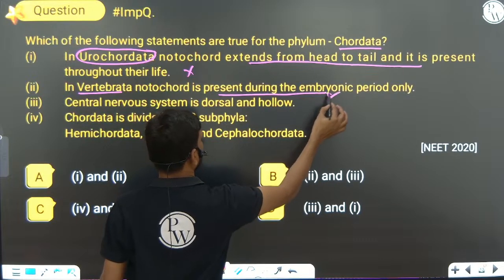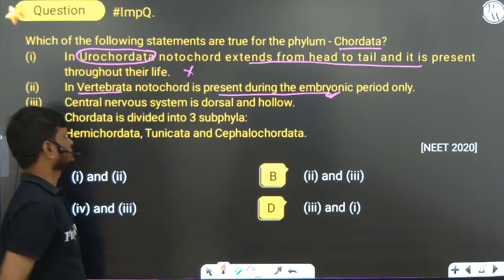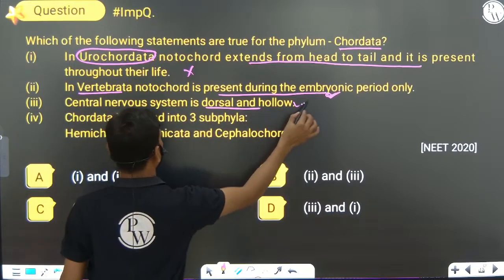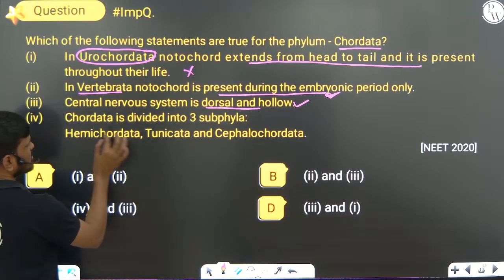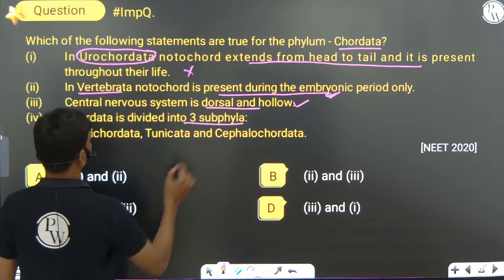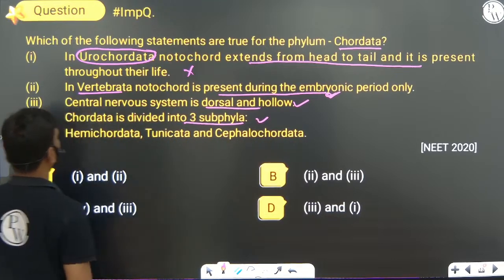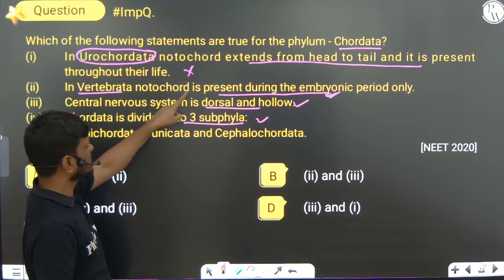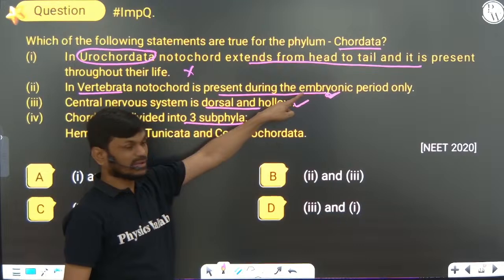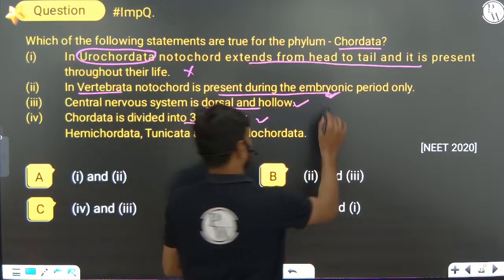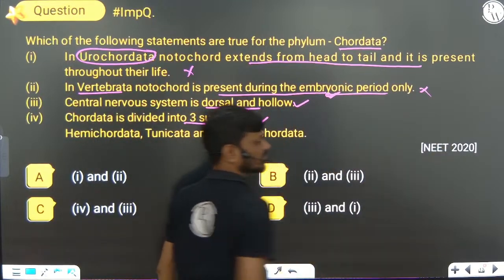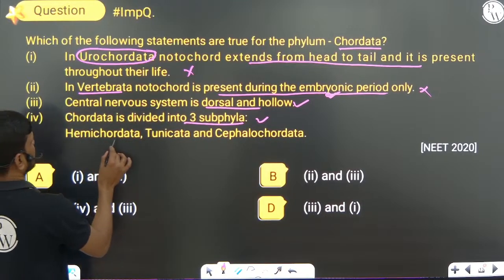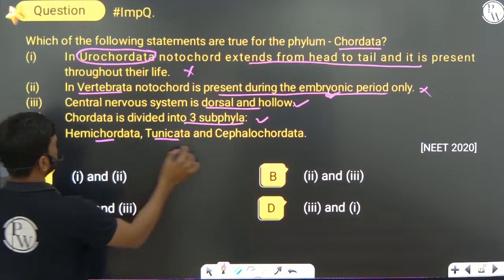That is the right statement; I will explain that. The central nervous system is dorsal and hollow. Chordata is divided into three subphyla: Hemichordata, Tunicata, Cephalochordata.